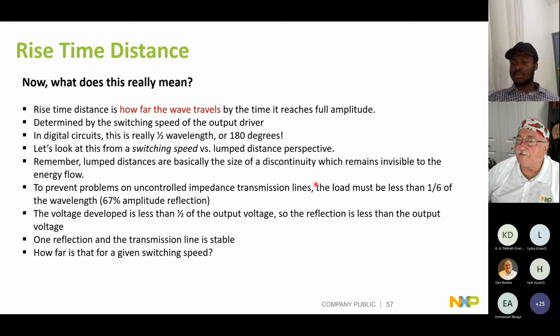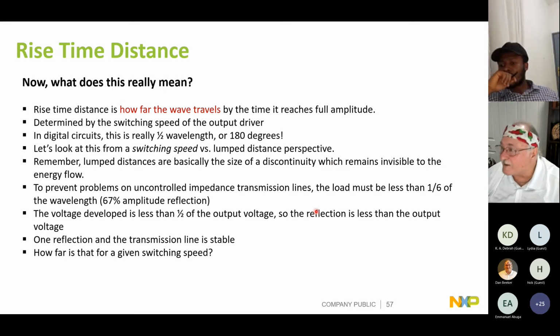If you can't, then every line at the driver needs to be terminated within that lump distance. It adds components and adds complexity to your design. If you're trying to route address and data lines on inner layers and you have to control the impedance on those transmission lines, in order to do that, you have to use a signal via to go from inside the board to the resistor on the outside with a ground via next to it.